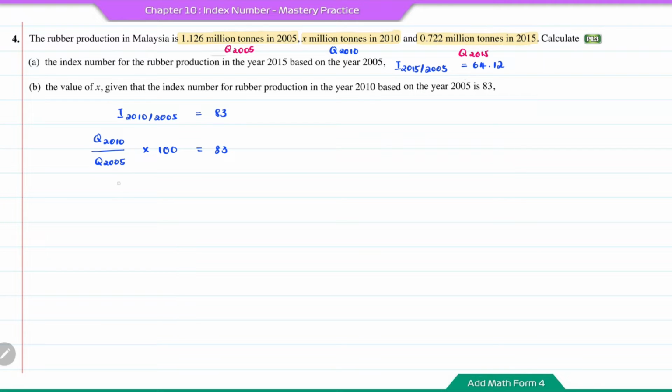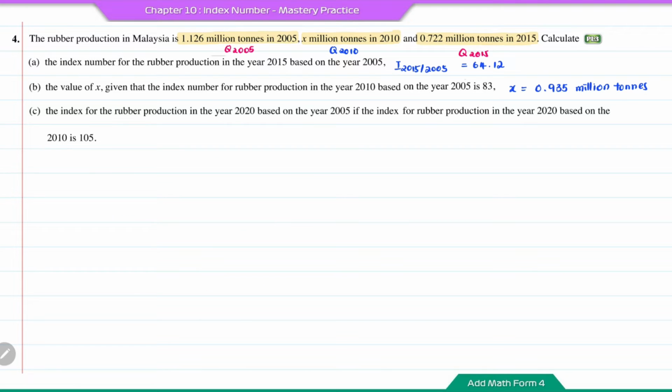So to find the value of X, it will be X over 1.126 million tons times 100. This is equal to 83. So X is equal to 83 times 1.126 divided by 100. So the answer here will be 0.935 million tons.